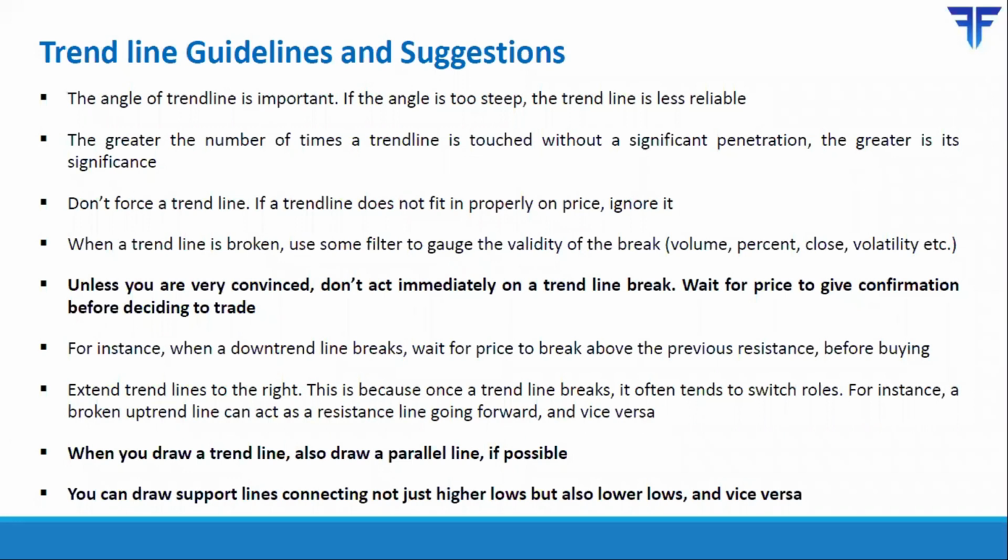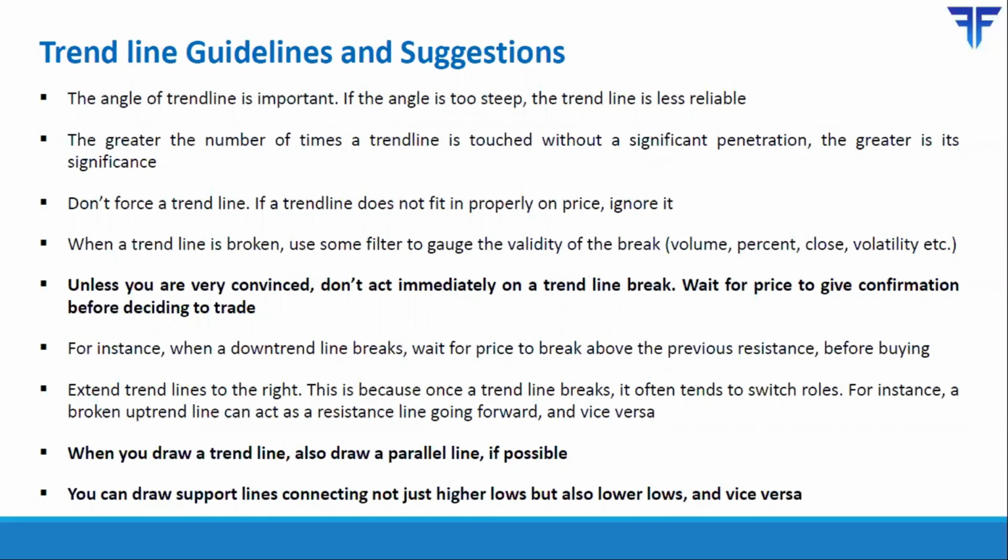Fourth is that when a trend line is broken, and if you want to act prematurely, then pay careful attention to some other filters such as volume or close and so on. So if a trend line breaks, as I said, it doesn't outrightly mean a reversal of trend.